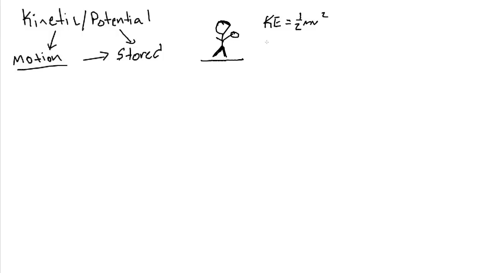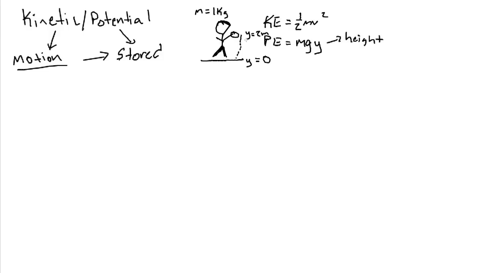Potential energy is given as mass times gravity times y, the y being your height relative to some reference. In this case, let's make our reference the ground. Let's say the ball is 2 meters off the ground and has a mass of 1 kilogram.